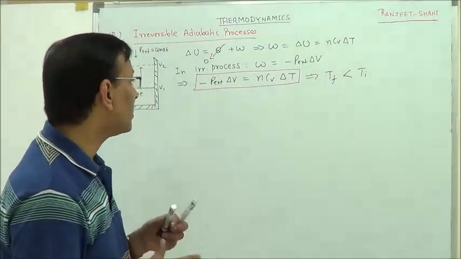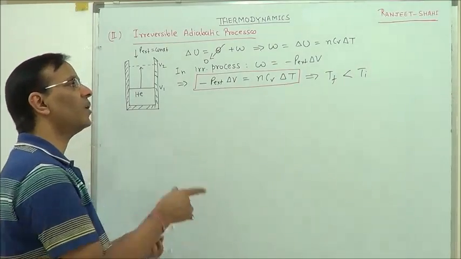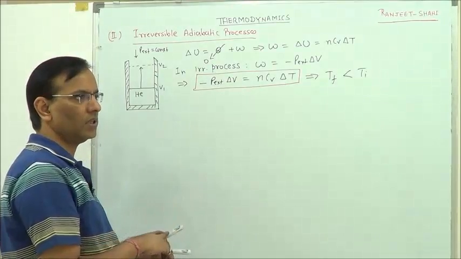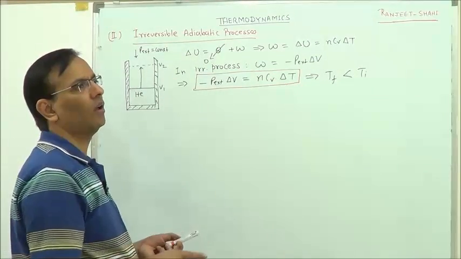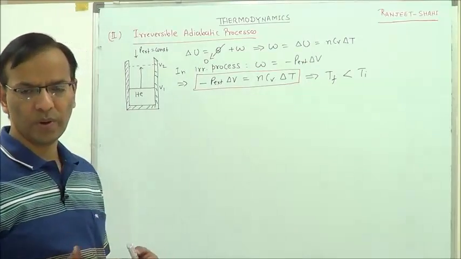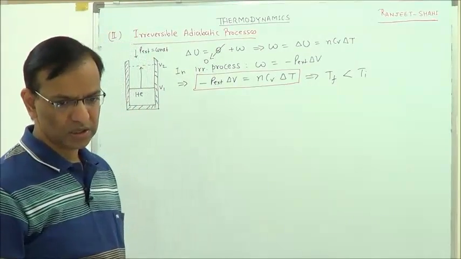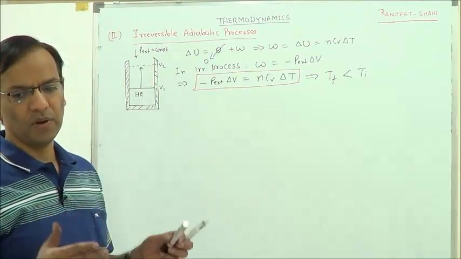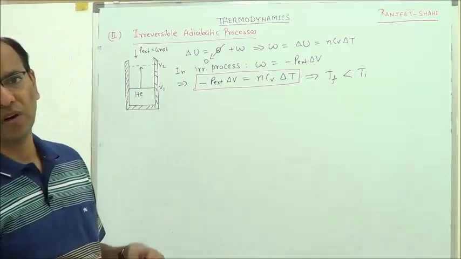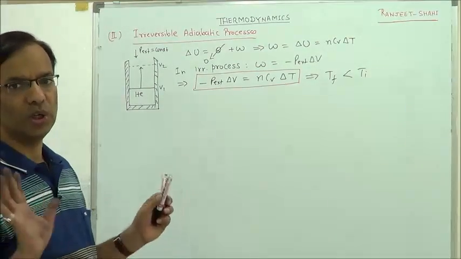Now, the difference we need to understand is that the relationships we derived in reversible process, PV to the power gamma constant, or TV to the power gamma minus 1 constant, or P raised to the power 1 minus gamma, T raised to the power gamma constant, are no more applicable in irreversible process, because we derived those relations from the expression dU is equal to dW.